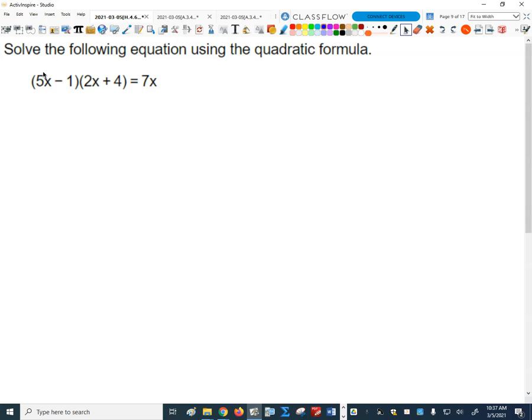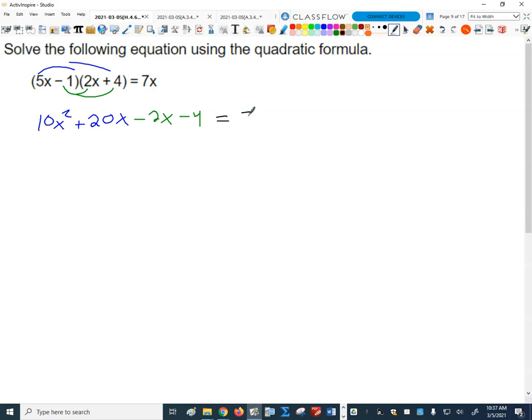And if I do that, let's see, what am I going to get here? I'm going to distribute the 5x and get 10x squared plus 20x. I'm going to distribute the negative 1, and I'm going to get a minus 2x minus 4.